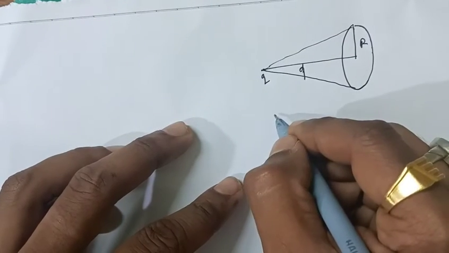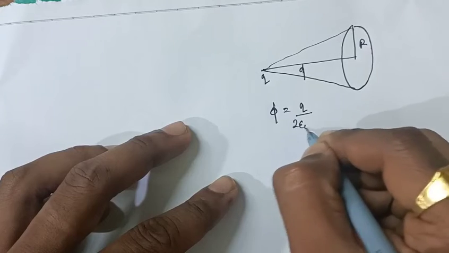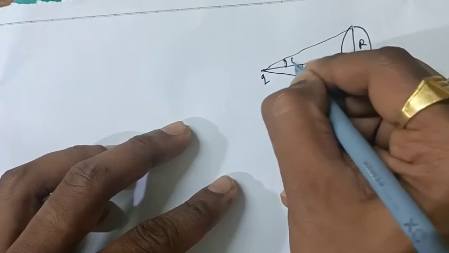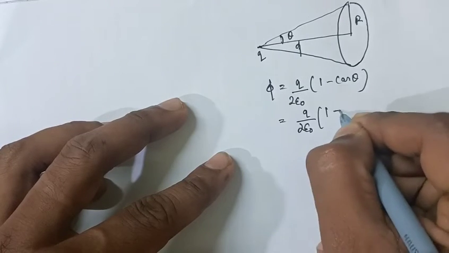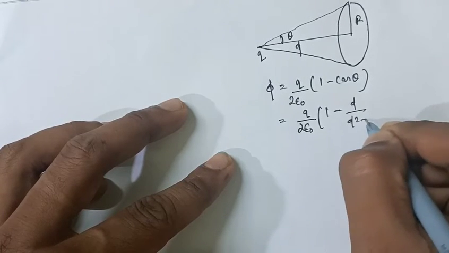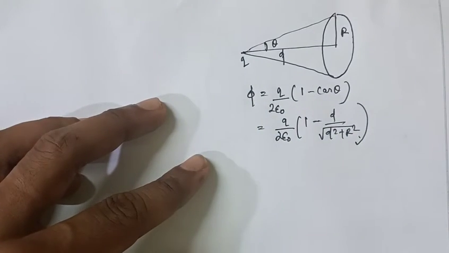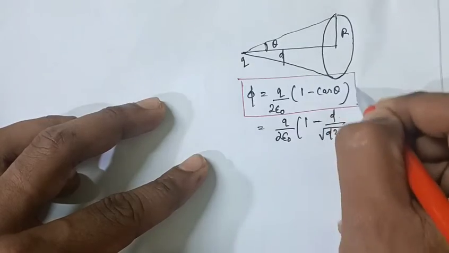The expression of this flux is phi equals q upon 2 epsilon naught into 1 minus cos theta, and theta is this angle. So one can also write it as q upon 2 epsilon naught into 1 minus d upon root over d square plus r square. This is my final conclusion. For the student perspective, those who are preparing for competitive exams, they must remember these things.